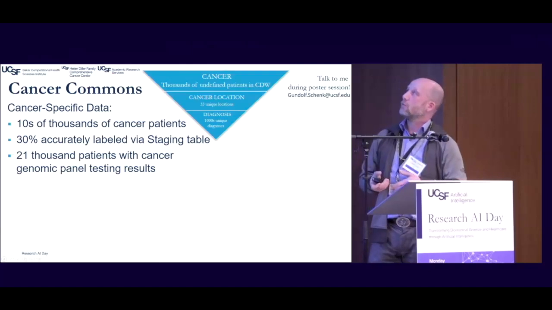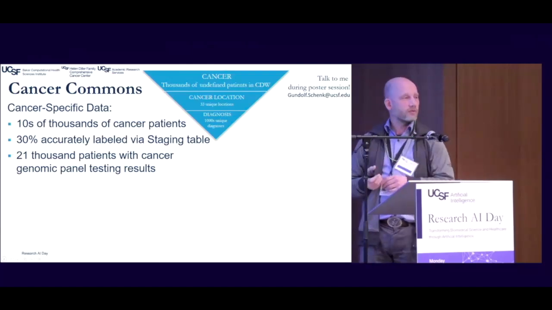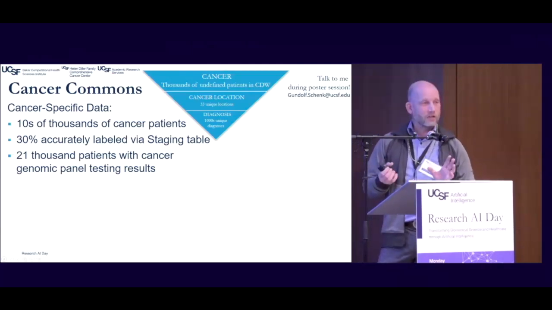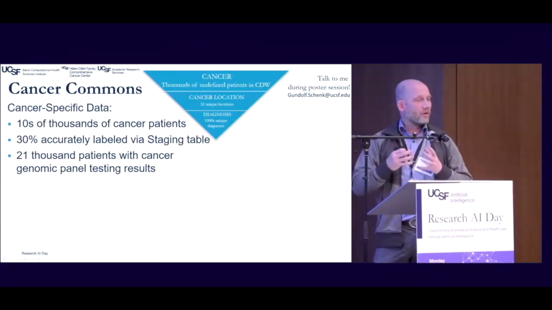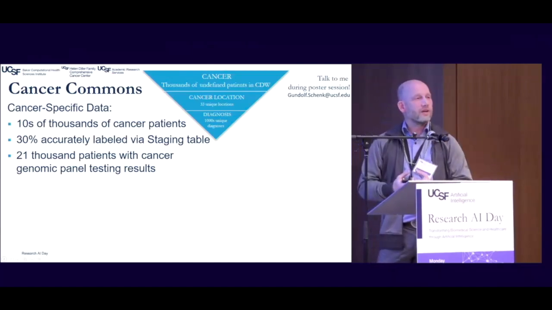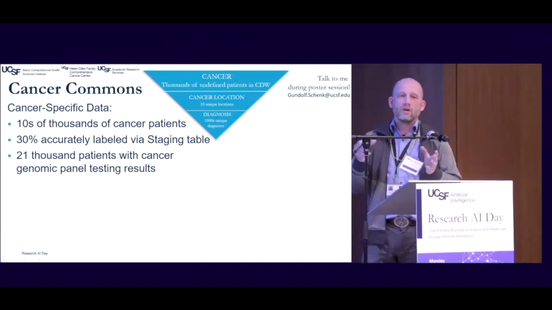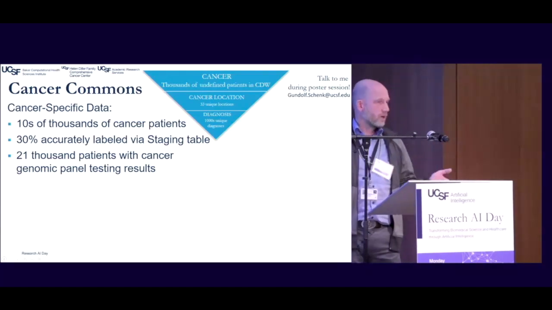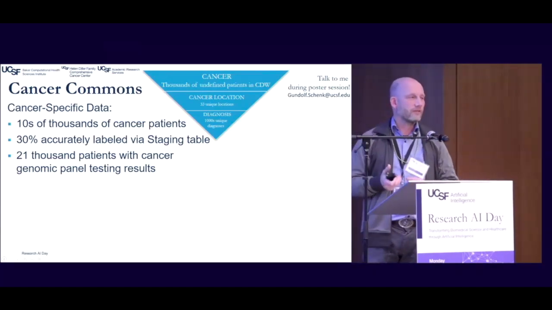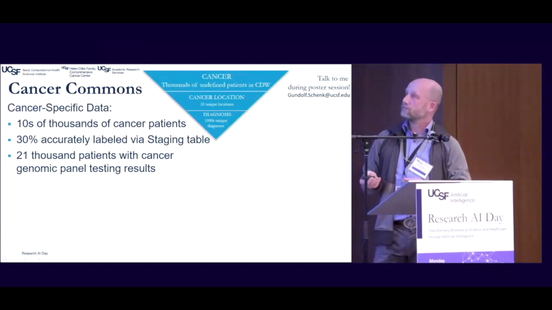So this is a poster that you can find downstairs. 59 is the number, 59, for the Cancer Commons poster, trying to actually classify all our patients. First of all, find all the patients that have cancer at UCSF, and then classify them into what kind of cancer it is. So this is like a triangle. You can get more and more specific in the type of cancer.